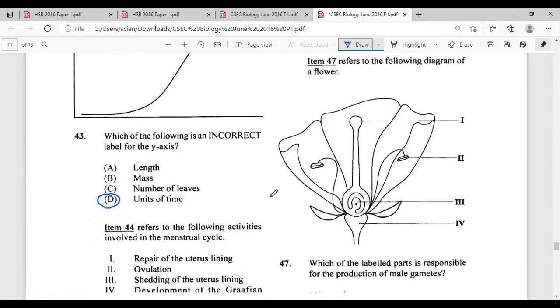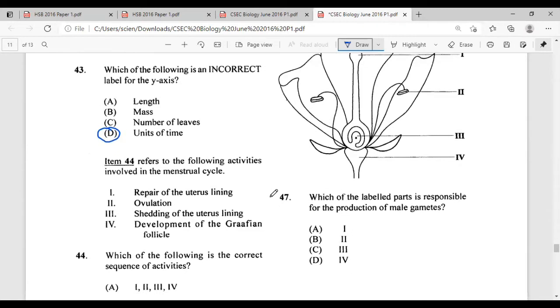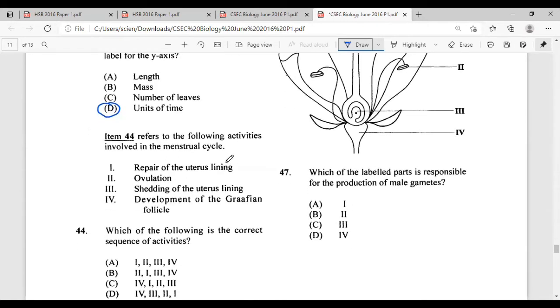All right, moving on. 44. Item 44 refers to the following activity involved in the menstrual cycle. So we have I, repair of the uterus lining, 2, ovulation, 3, shedding of the uterus lining, and 4, development of the Graafian follicle. Which of the following is the correct sequence of activity? So we have to think about it.